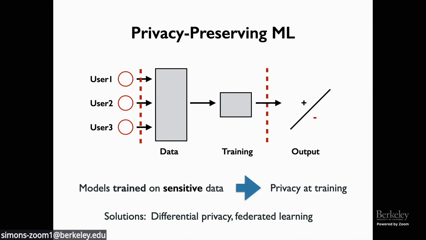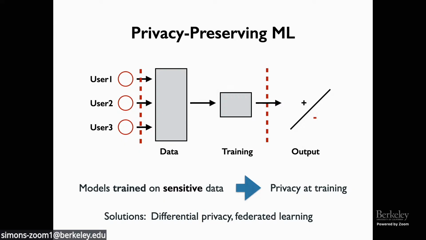And the privacy barrier could be in multiple places. For example, in a lot of federated learning, the privacy barrier is that red line between the users and their data, right? You may not even be getting the sensitive data raw. You may not even be collecting it raw. In other examples, the privacy barrier might be between the training and the model.